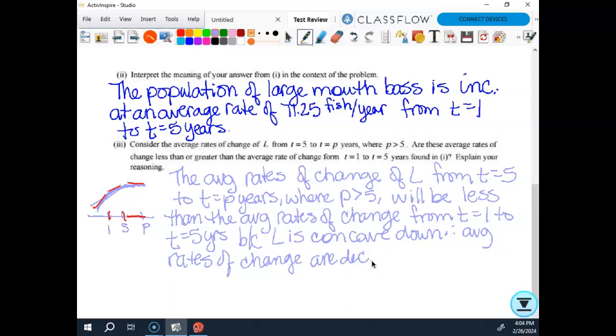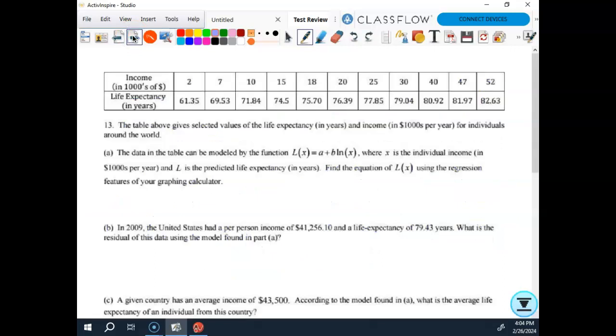Lots of words, but it's mainly because we're just kind of copying down the question there, which is the easiest way to do it. All right, next page.